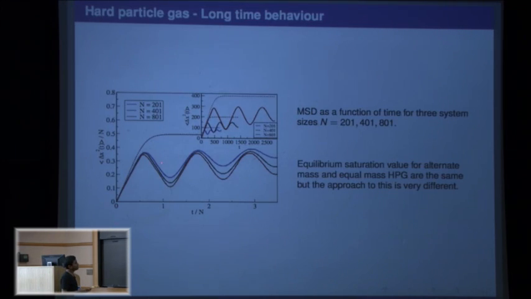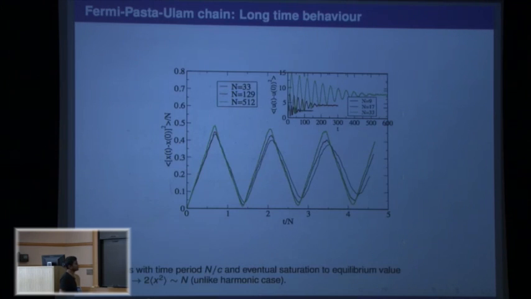So in the alternate mass case, this was the approach to equilibrium. Notice that this one is always below this asymptotic value. At long times it will eventually go to this, but it always approaches from below.